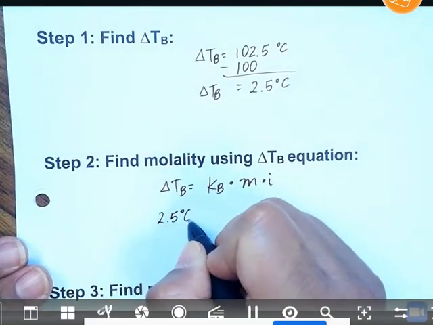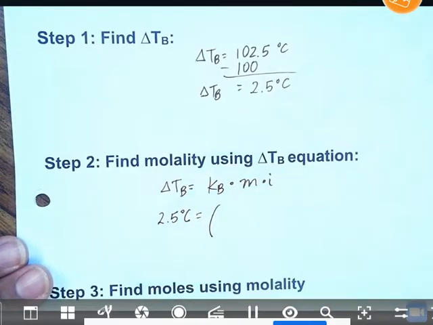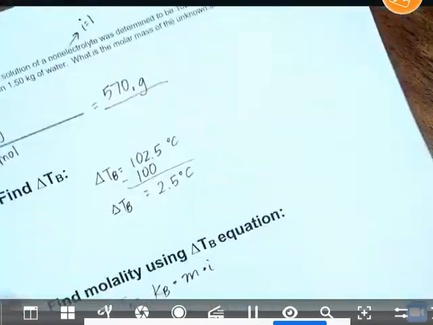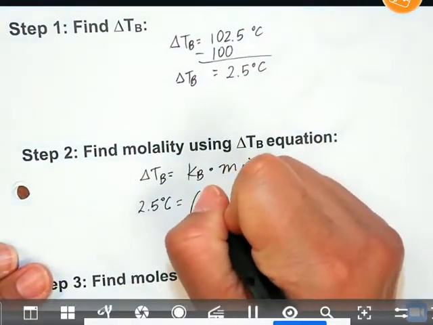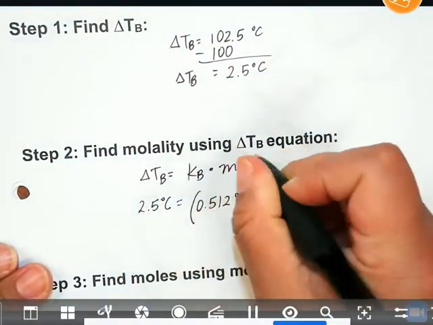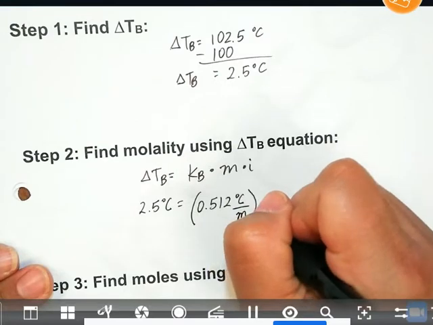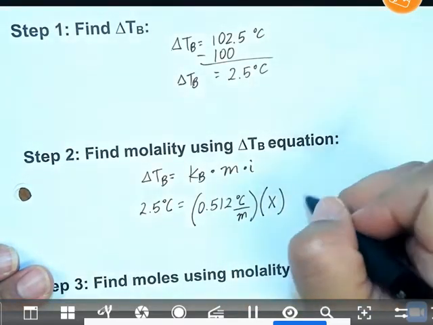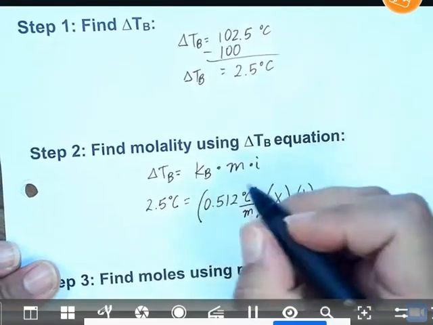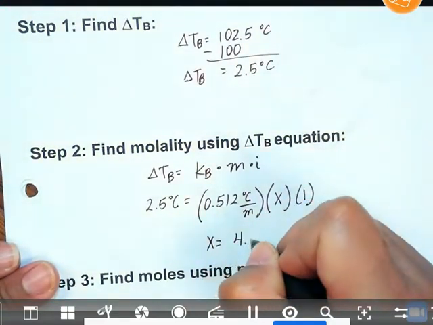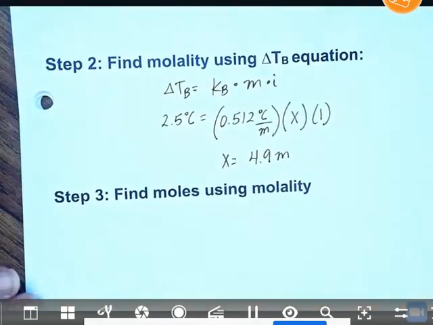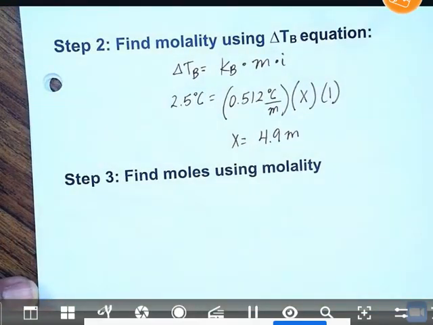So that's our equation. We're going to plug this information in. 2.5 degrees Celsius equals Kb, which we have on the previous page, 0.512, times molality, which is my x. My I value is 1. X equals 4.9 molality. Now I'm going to find moles using molality.